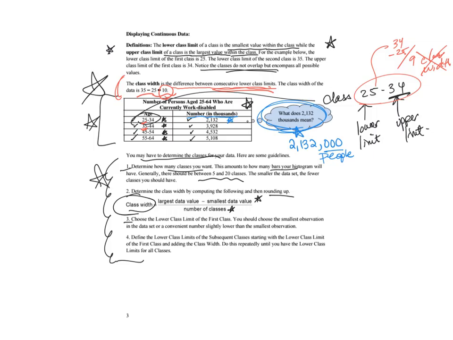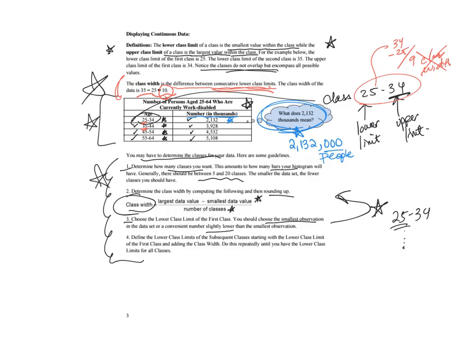Number 3 says choose the lower class limit of the first class: choose the smallest observation or something slightly lower than it, maybe a convenient observation. Let me kind of refer back up to that table. Perhaps in that survey that was taken up there, maybe the youngest person was really 27, but it made sense to make the class 25 to 34 just because it would be a nice round number to start at, 25.